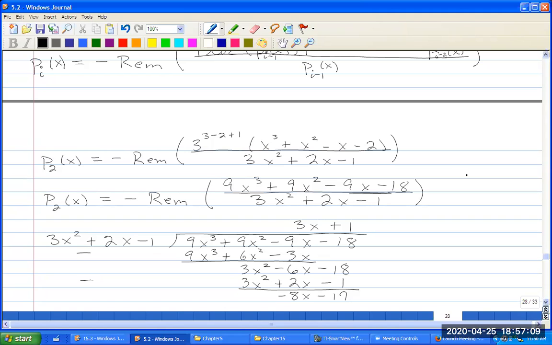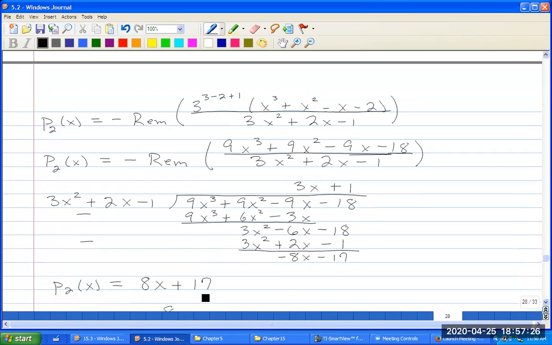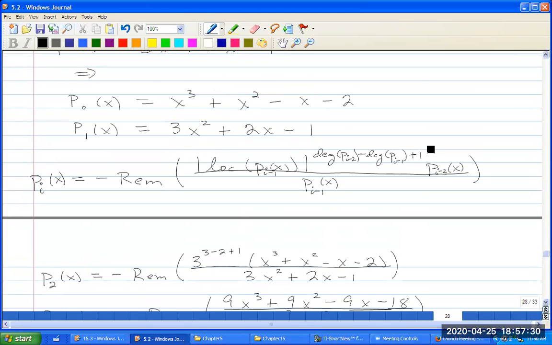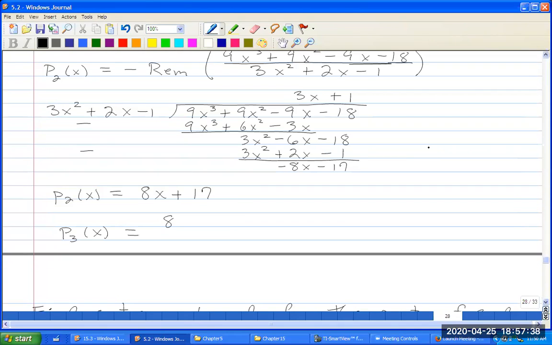Because we're always doing the degree of the polynomial, it would be 2 minus the degree of the polynomial before, which was degree 1, plus 1. So 2 minus 1 is 1, plus 1 is 2.